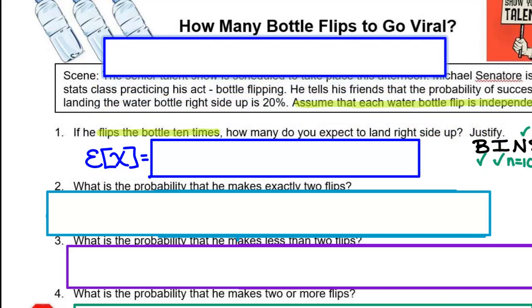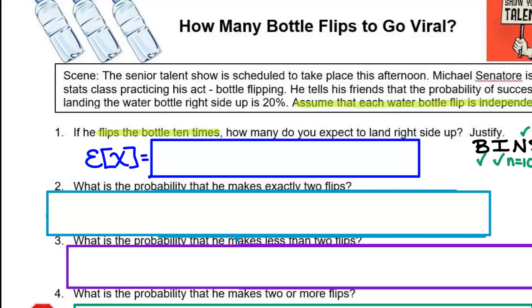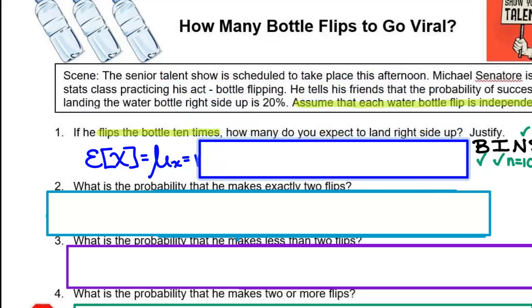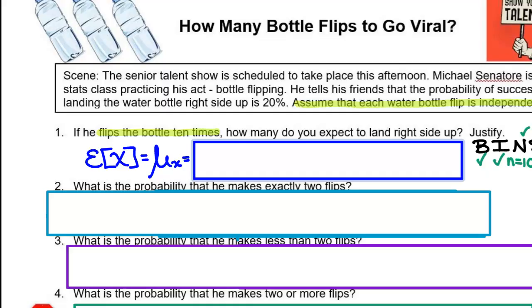We want the expected value. What is the expected value when we're talking about random variables? That's the same thing as the mean. The expected value is the same thing as the mean. How do we calculate the mean for a binomial setting?